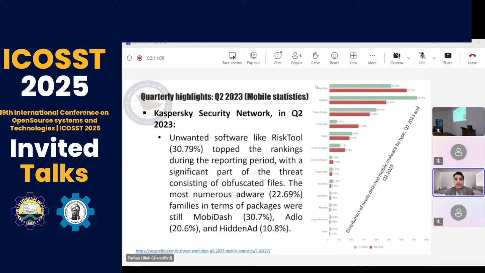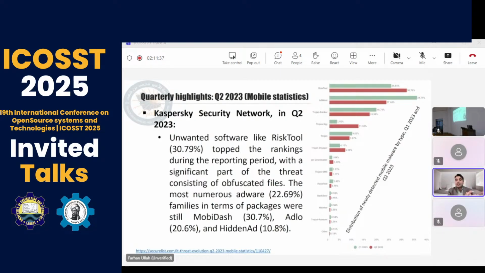If you can see my screen, in Q1 we have 24% of risk tool malware, and then in Q2 of the same year we have 30% of the same malware. Then we have adware, 34% in Q1 23, and then 22% of the same malware in Q2 23. It's a decreasing trend.